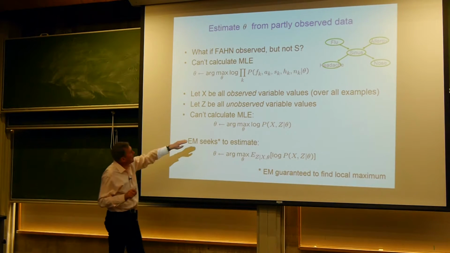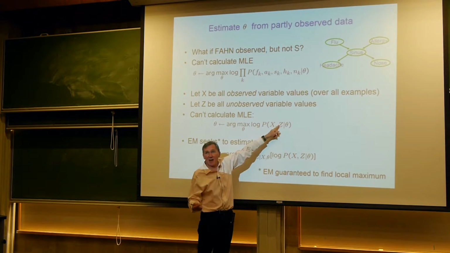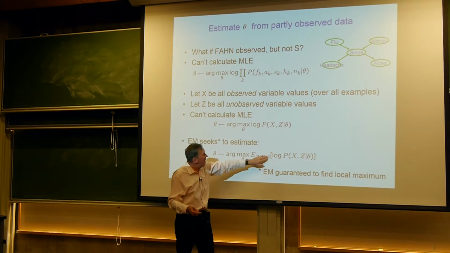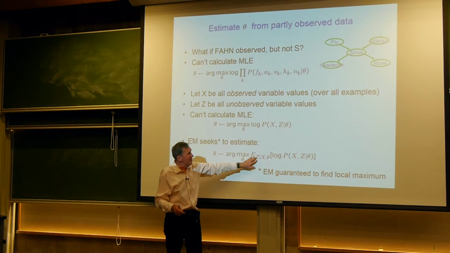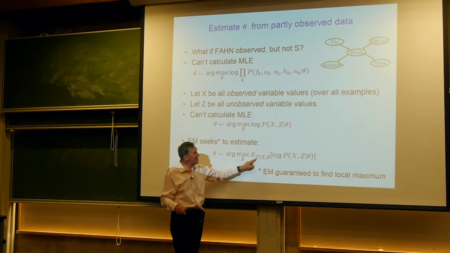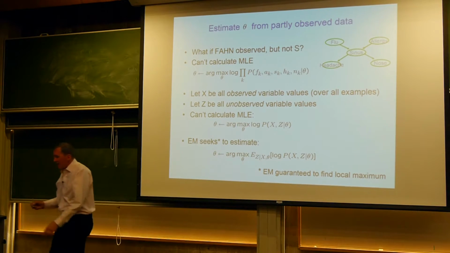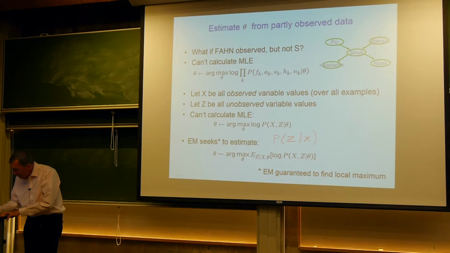Instead of picking the theta that maximizes this, because Z is not observed, we maximize the expected value of that, where the expected value is taken over the probability distribution on Z given X, according to parameters theta.